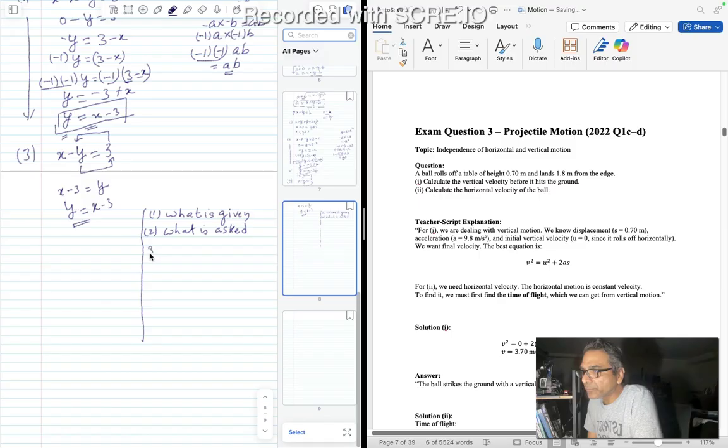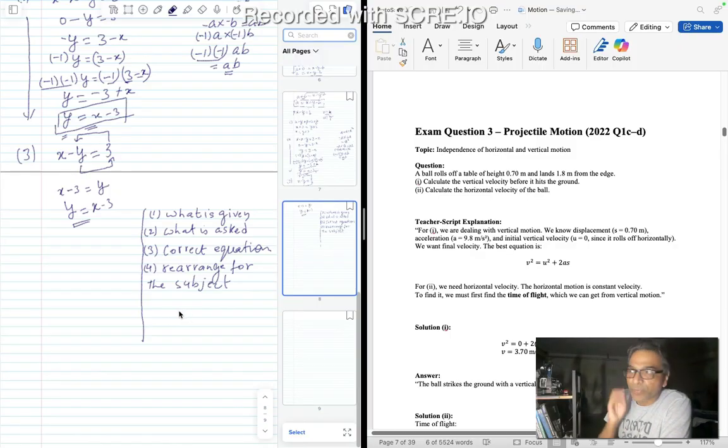Third is the correct equation. Fourth is rearrange for the subject. And you know what the subject means, right? The variable which we are looking for, we are solving. That's the subject. Up till this, we are good, right?